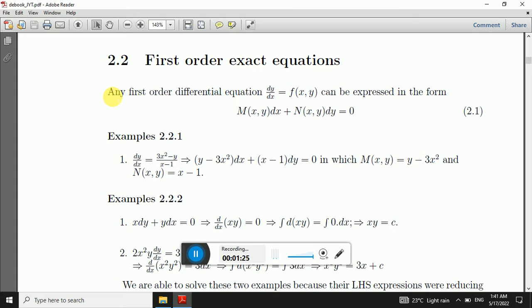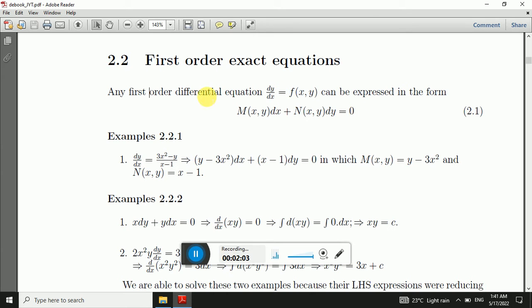Okay, so we have that any first order differential equation dy/dx equaling f of x,y can be expressed in the form capital M of x,y dx, where M of x,y denotes just any function with two variables x and y, plus another function with two variables x and y, we are calling it N, dy equaling 0.